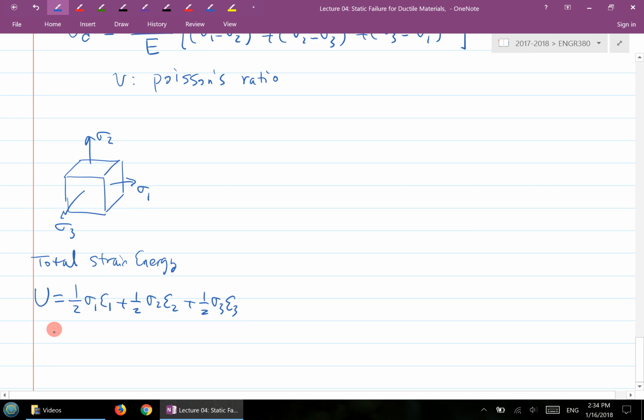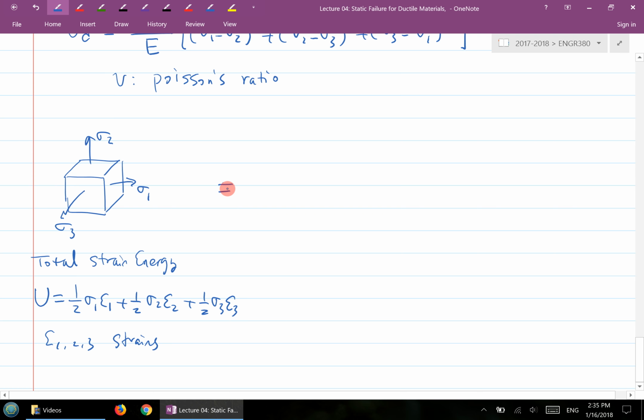These epsilon 1, 2, 3 are basically the strains under sigma 1, sigma 2, sigma 3. So you have a stress on this side and the corresponding strain, similarly for sigma 2 and sigma 3. So you get your total strain energy like this.